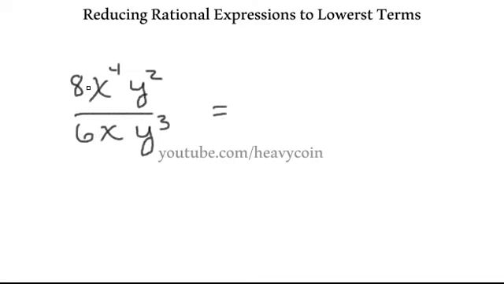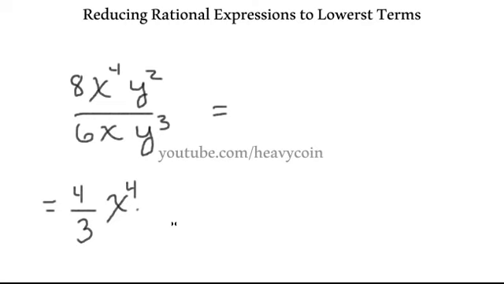So 2 goes into 8 four times, and 2 goes into 6 three times. Now we have 4 x's in the numerator and 1 x in the denominator, so we can cancel one of these x's out. In the previous section we wrote it like this.